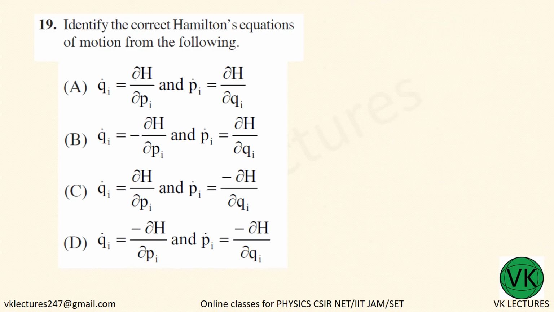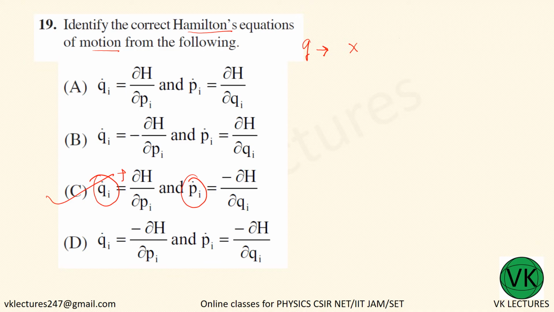Identify the correct Hamiltonian equation of motion from the following. It's a direct question. Q dot is positive, P dot is negative. So option C is your correct answer. What is Q dot? It is not exactly known, but you can take it as a coordinate x.